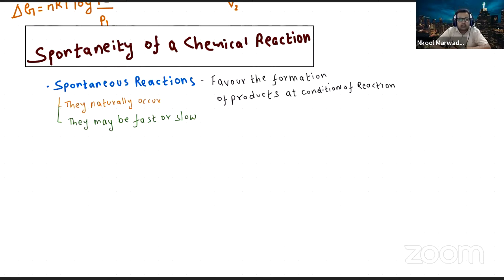Here, two examples we can consider when we are talking about the speed of reaction. Conversion of graphite to diamond is a very slow process, and it's a spontaneous process. It's a natural process, and hence diamond is made from coal, hard coal.